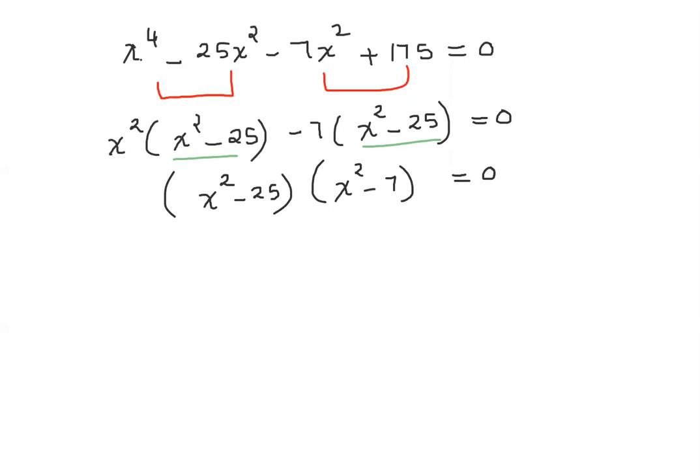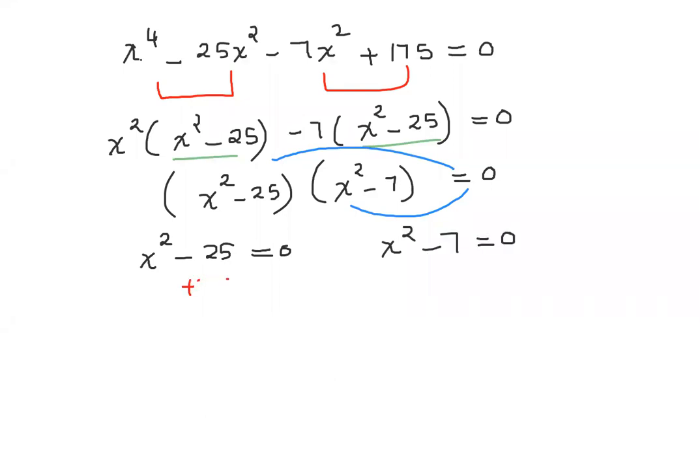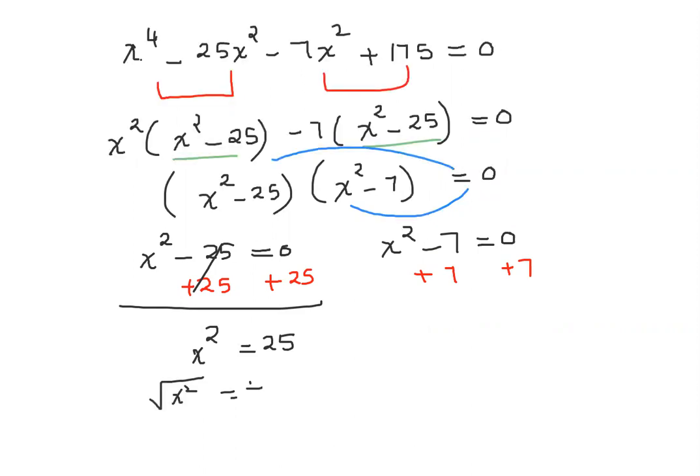So we set each one equal to 0. Then solve for x. So we get x squared equal to 25. We take the square root. You have to put plus or minus. So we get x equals plus or minus 5.